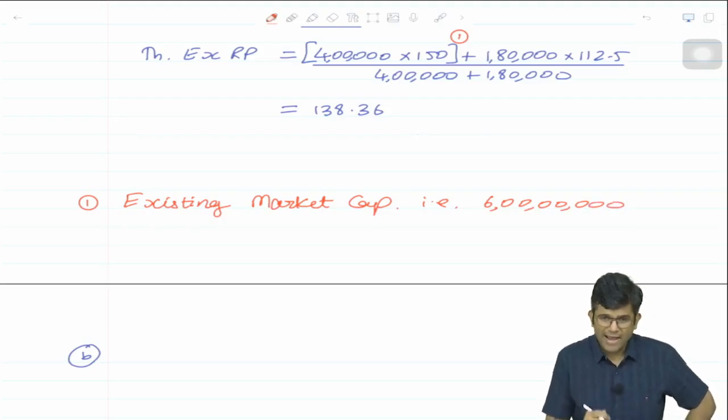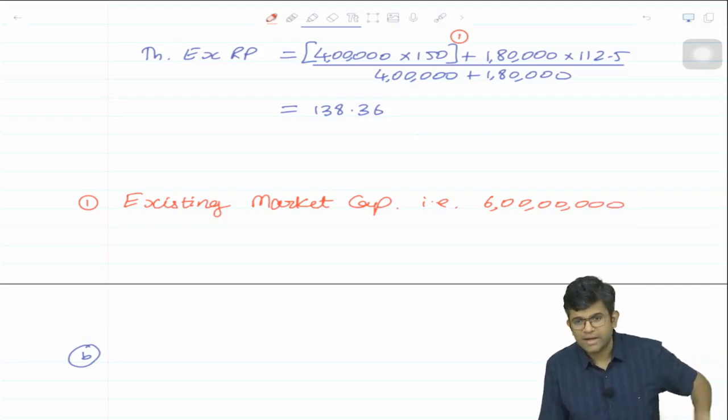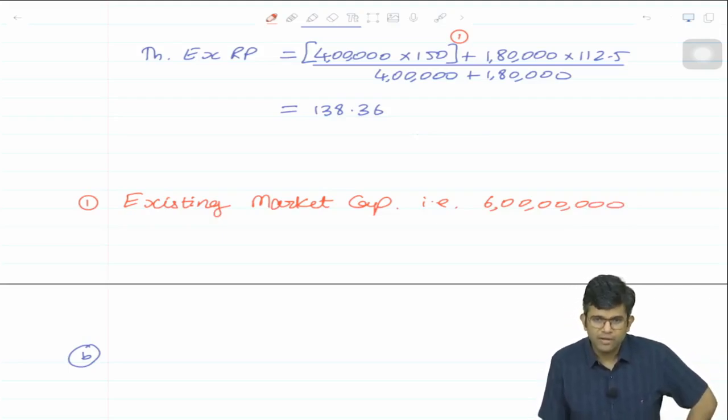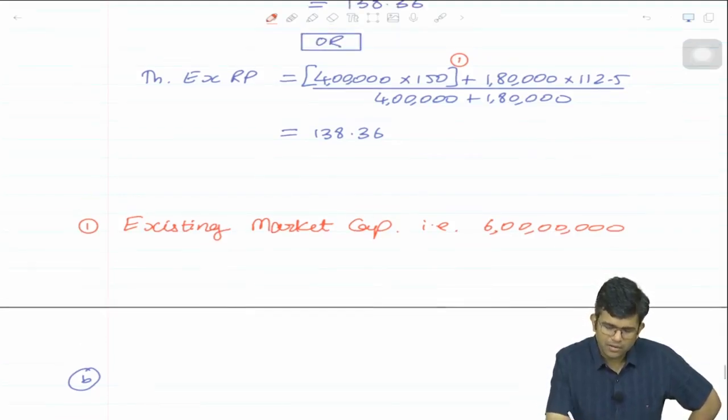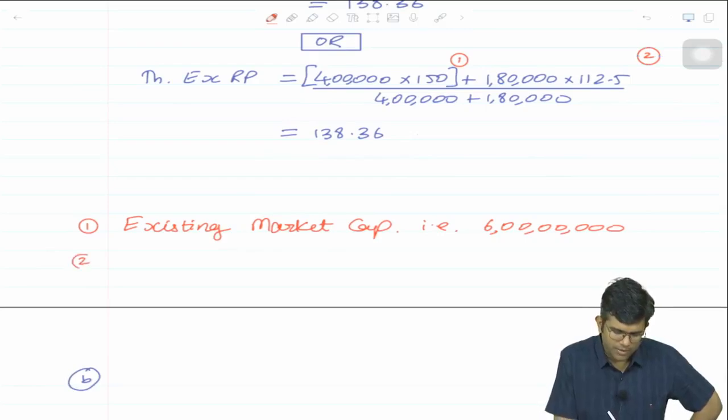Now, I am going for a new project, correct? I am going for a new project worth 2 crore 2 lakh 50,000. Everyone clear? This therefore will increase the market cap by 2 crore 2 lakh 50,000 because I am literally raising new shares for it. So here I will write point number 2.